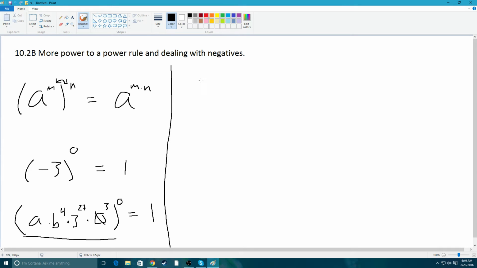So let's say you get a to the 2nd power times a to the 0 power equals a to the 2nd power. So we already have this a to the 2nd power on the left side and on the right side.